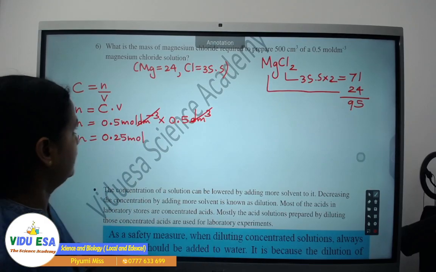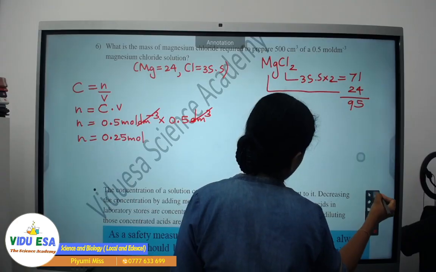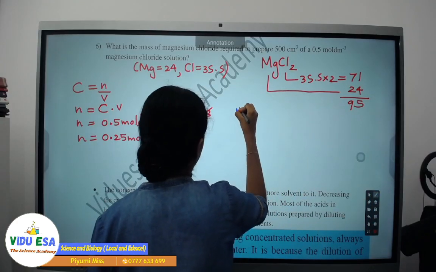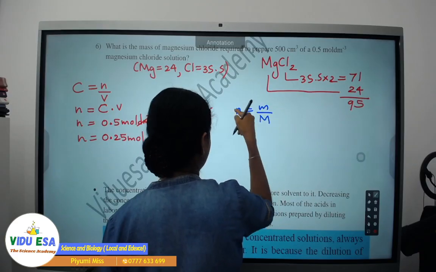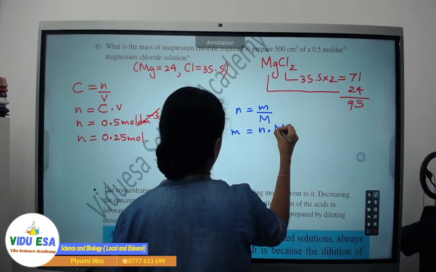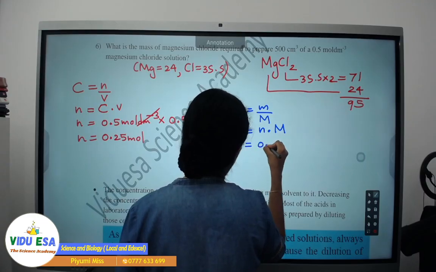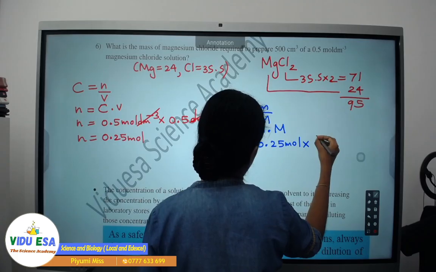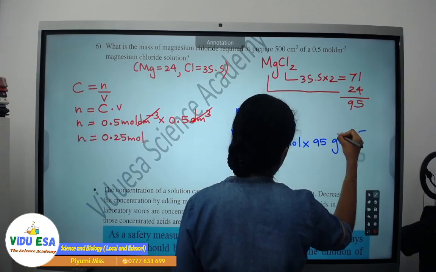Right? Then the mass of magnesium chloride needed. Number of moles equals mass divided by molar mass. Therefore, the mass equals number of moles into molar mass. The number of moles is 0.25 moles and the molar mass is 95 grams per mole, right?